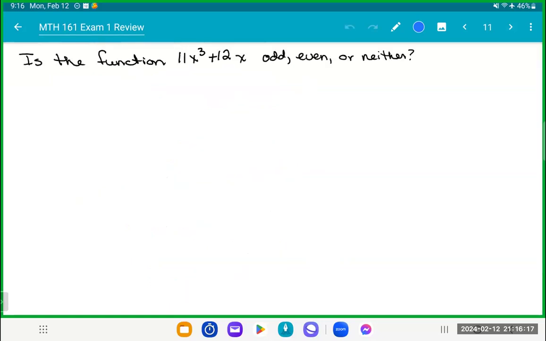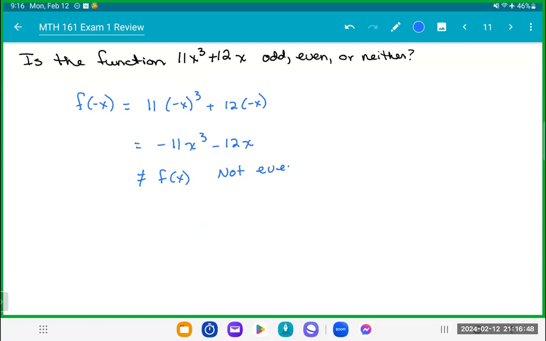Okay, so looking to see if a function is odd or even. So remember, we're going to do negative f of negative x. So we're plugging that negative x in everywhere. We have 11 times negative x cubed plus 12 times negative x. When we simplify this, it's negative 11x cubed minus 12x. This is not equal to our original function, so it is not even.